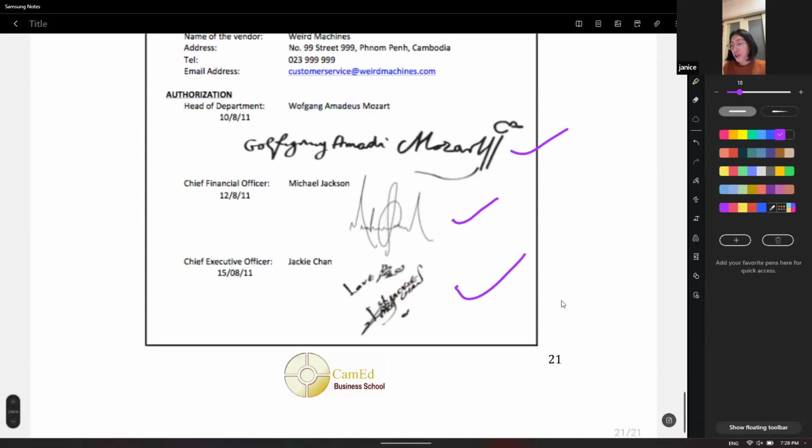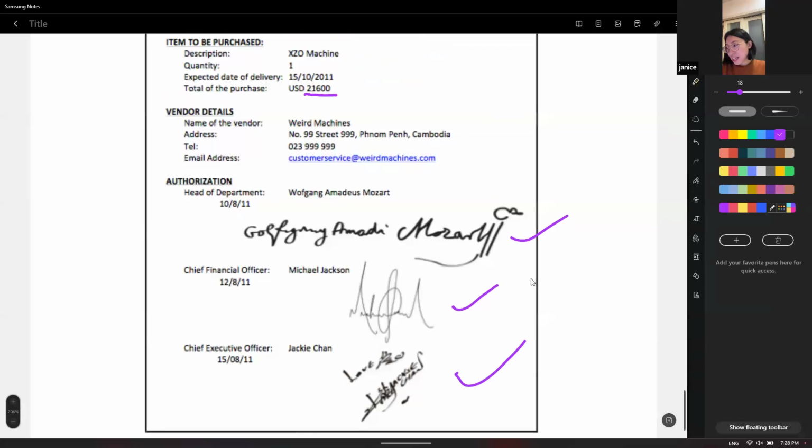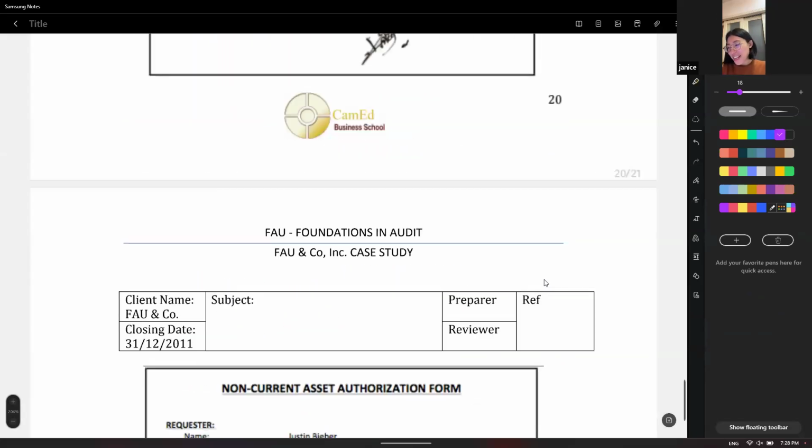So very good. The client seems to have good procedures. Every time they purchase something, they make sure it's properly authorized first. And that's the case study that we did today.